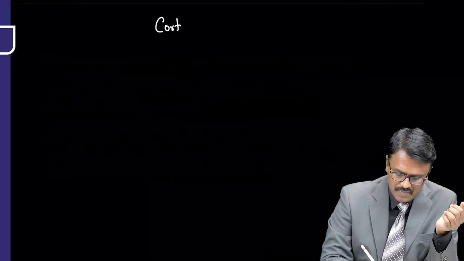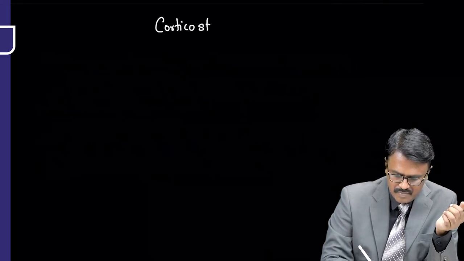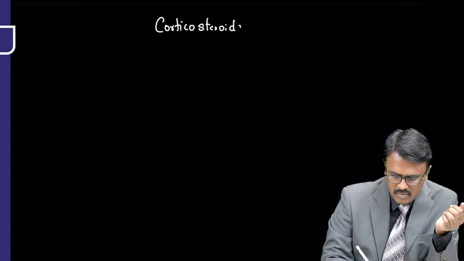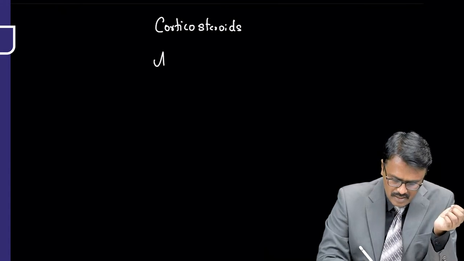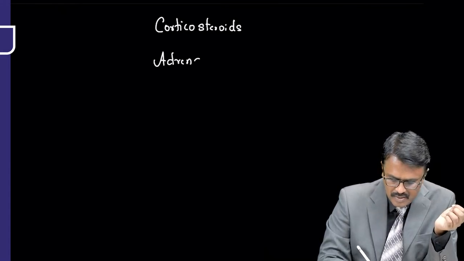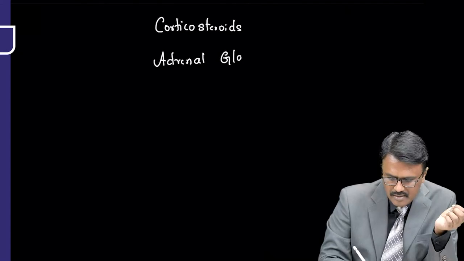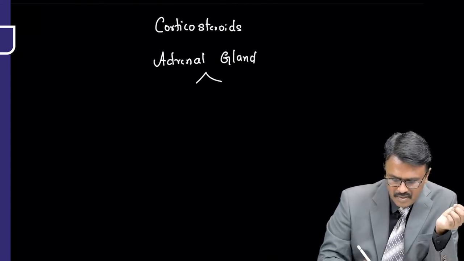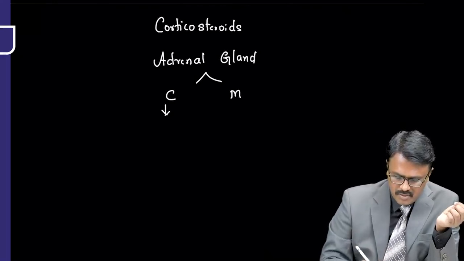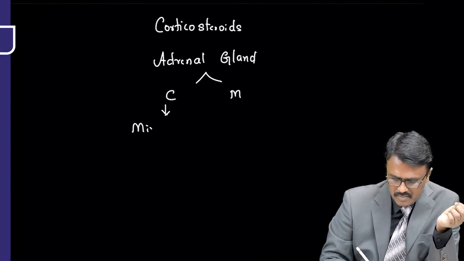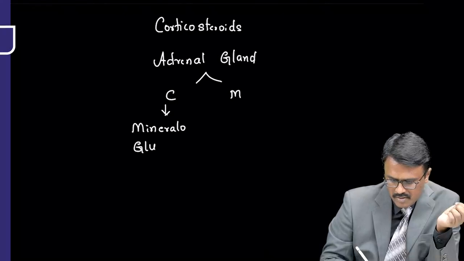So corticosteroids. A bit of physiology first. Now we know that there is the adrenal gland. In the adrenal gland, we have the cortex and medulla. From the cortex, the mineralocorticoid, the glucocorticoid and the sex steroids are released.